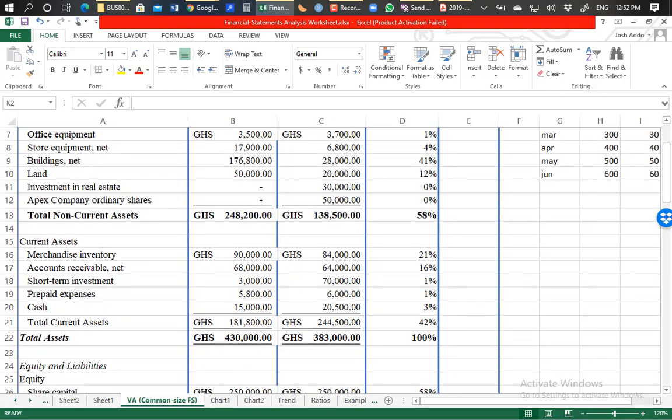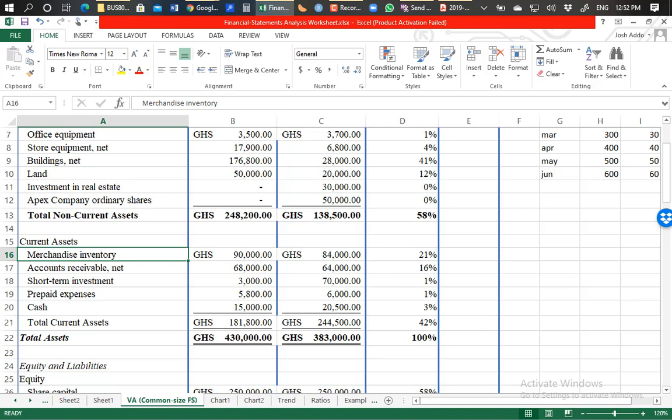So we want to compare how every other item in the balance sheet compares with the total assets, expressed as a fraction or as a percentage of the total assets. So when I take, for example, merchandise inventory, this item is what percent of the total assets? It is 21% of the total assets.